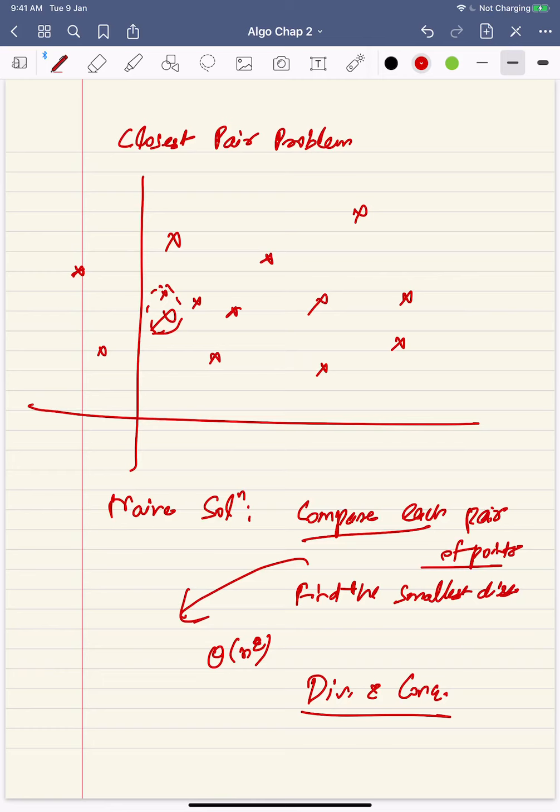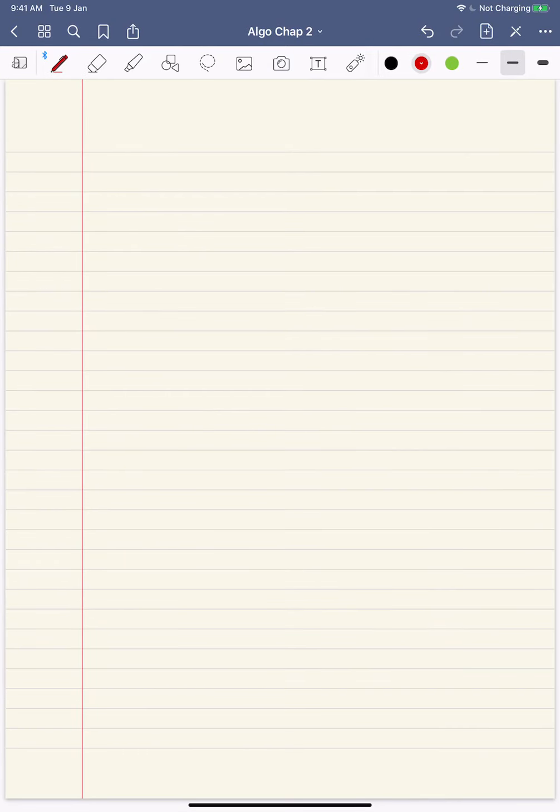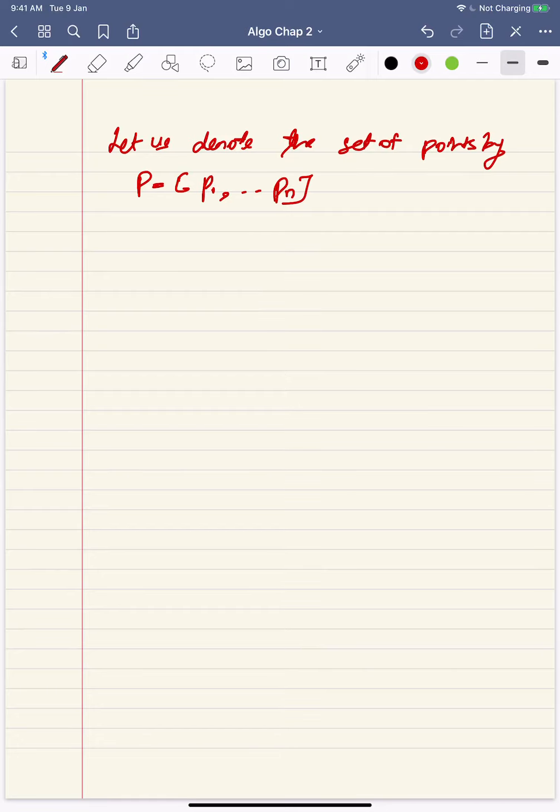So let's first formally denote these points. Let us denote a set of points by P. We have p1 to pn, where each pi is a point and pi has coordinates, say xi, yi.